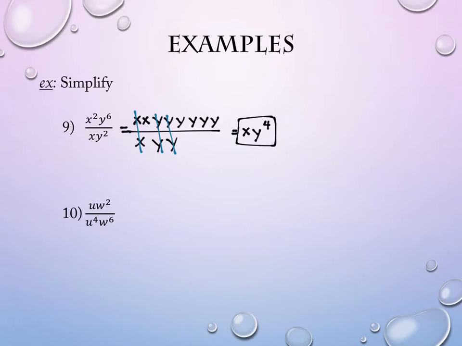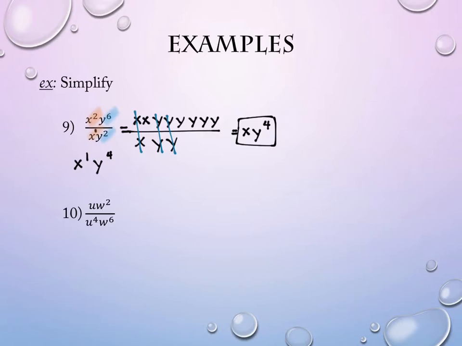That's pretty friendly. It feels a lot like what we were doing before. Another way to think about them is to use property number 2. Property number 2 says that I can subtract exponents. So notice this is x, and then I can subtract 2 minus 1. 2 minus 1 is 1. And this is y, and I can subtract 6 minus the 2, and I would get 4.